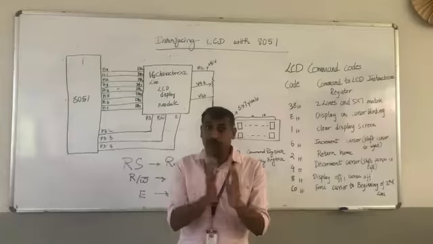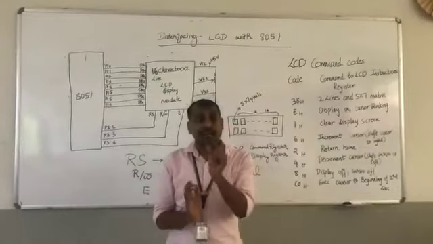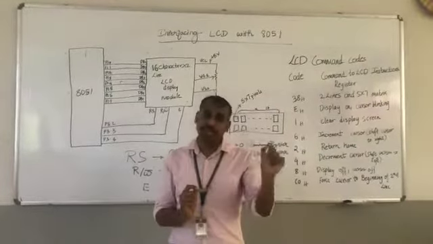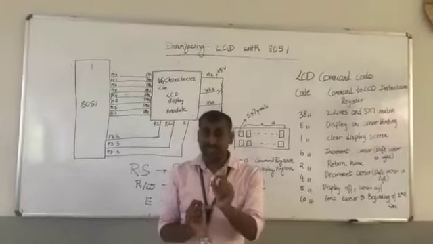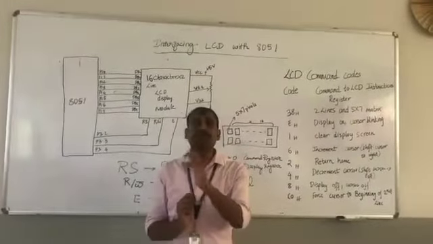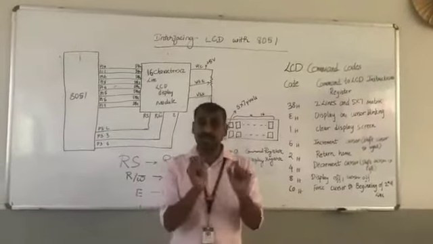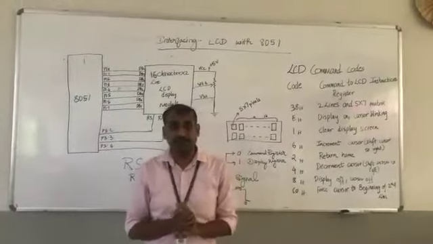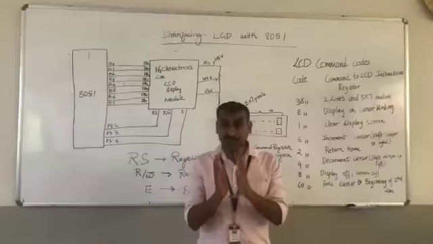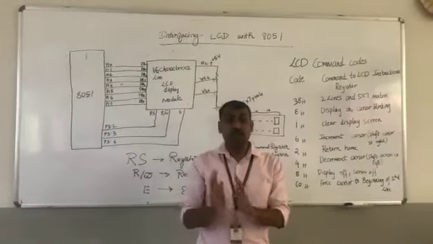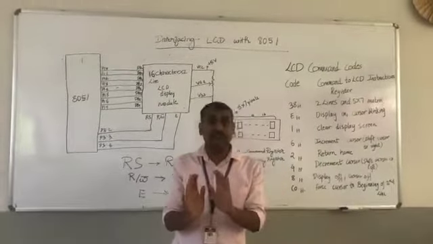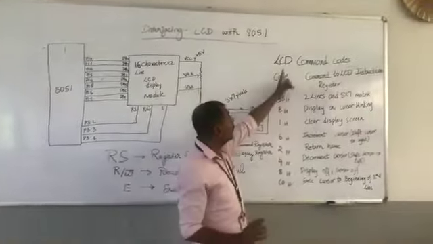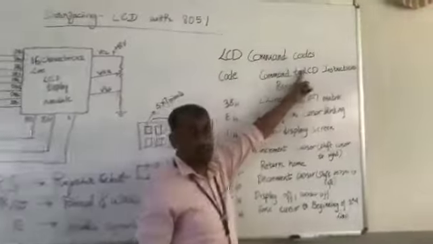So as to configure the LCD, there are commands that need to be sent to the LCD. And these commands will be hexadecimal commands that need to be sent from the microcontroller to the LCD panel, right? So we'll look into a few of those commands that need to be sent before displaying any data on the LCD, right? So we have here LCD command codes.